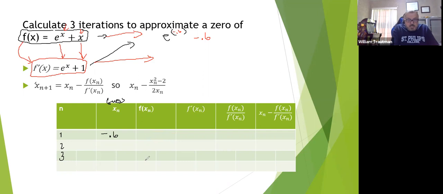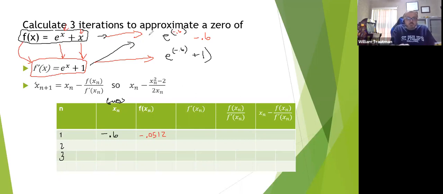And this is what I get, negative 0.0512. If I round it to 4 decimal places, this is what I would get. Then I'm going to plug it into its derivative. Its derivative is e, oh, that's not good. e to the negative 0.6 plus 1. There we go. There's the derivative.